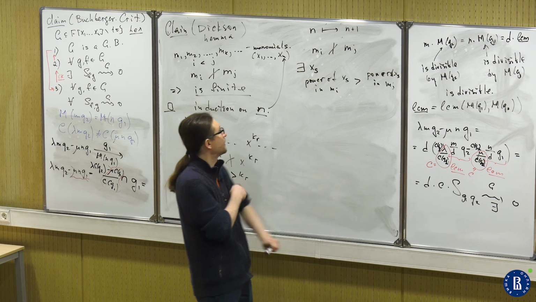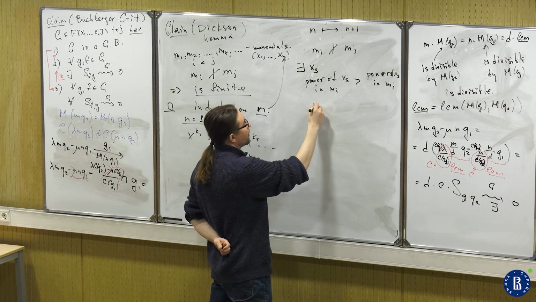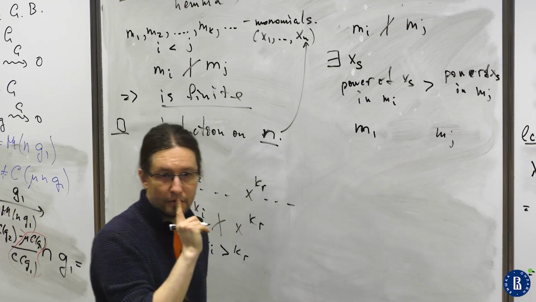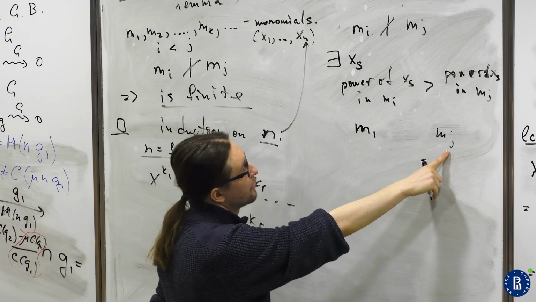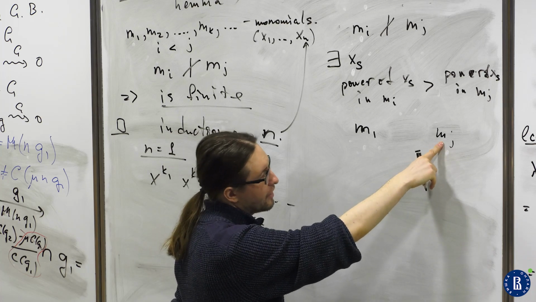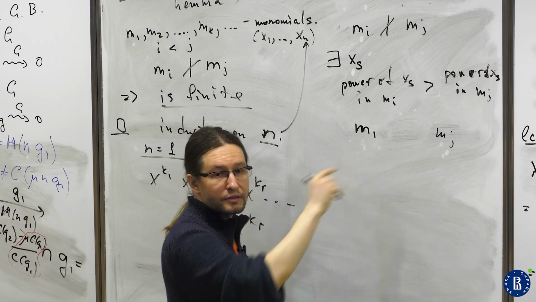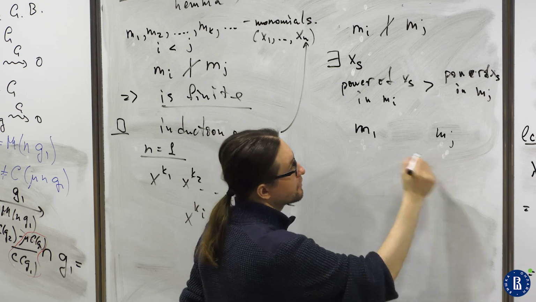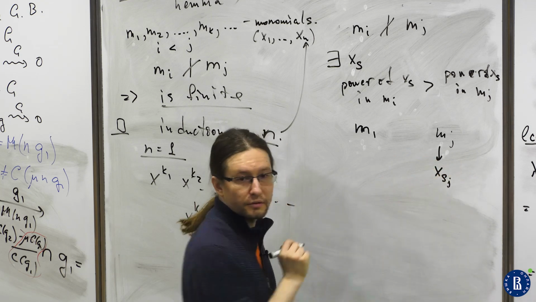Okay, so yep. Now I want to take m1 and all the monomials here. For each monomial here, there is a variable such that m_j has a power less than the power of m1 in this variable, okay? But there are infinitely many, so for every monomial, we just write down this variable.